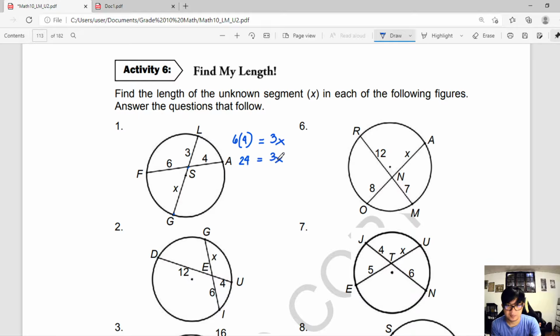Equals 3x. To get the value of x, divide both sides by 3. And 24 divided by 3 is equal to 8. The answer is 8.